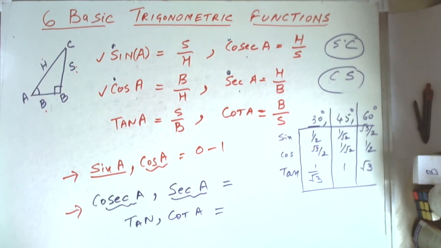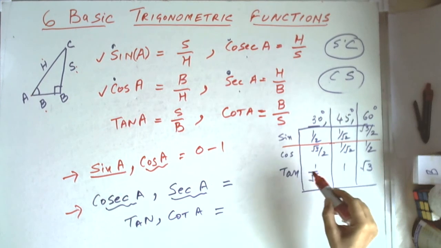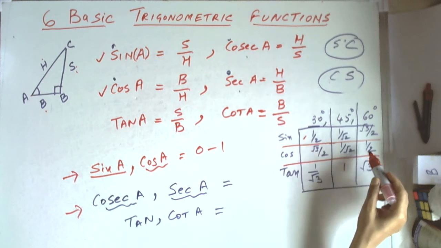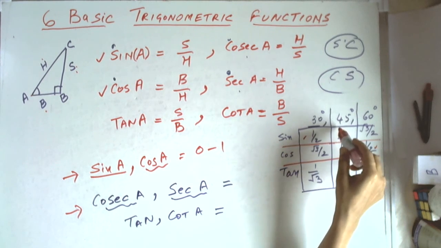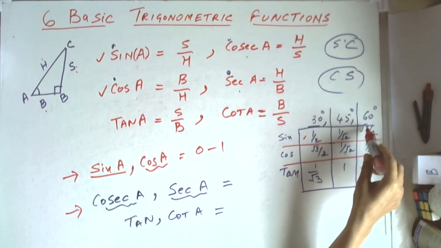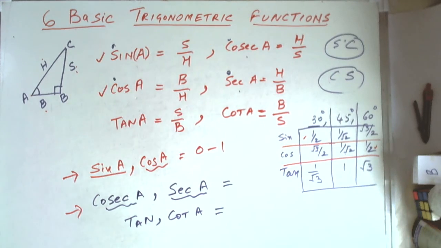These are the important values which you must remember, and they are very easy to remember. Half is here for sine 30, and this is here. For 45 degrees, for both sine and cos, the value remains unchanged, whereas for 60 degrees, they become opposite. And tan is like this.